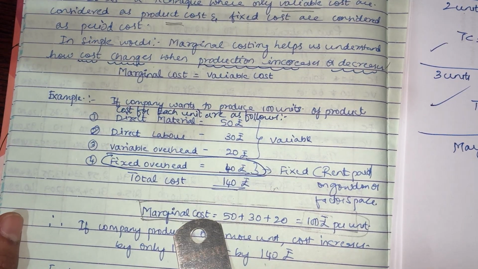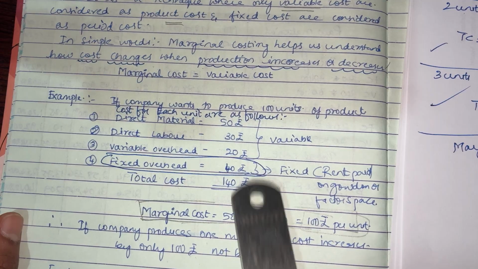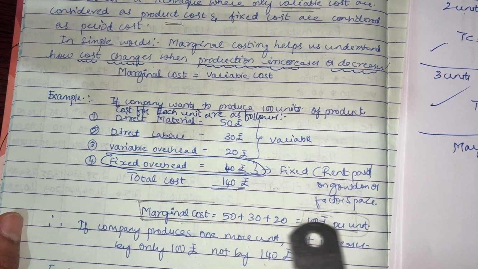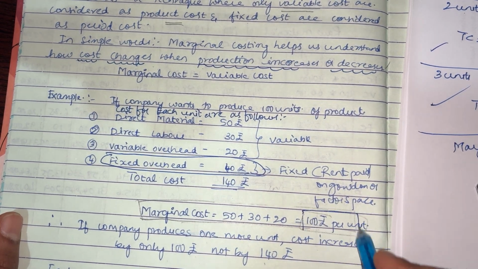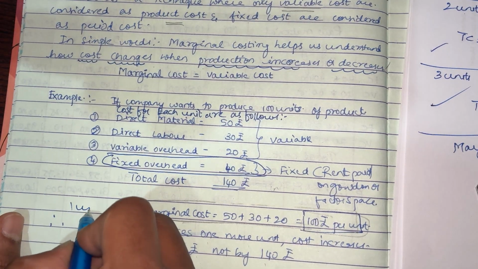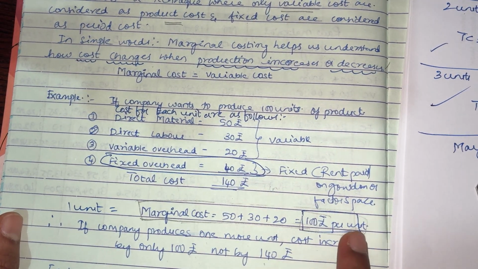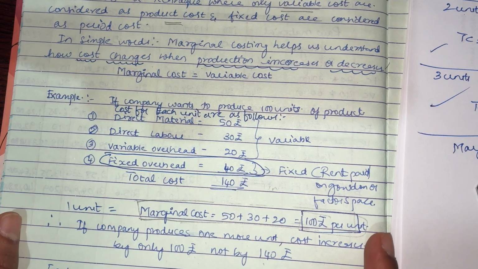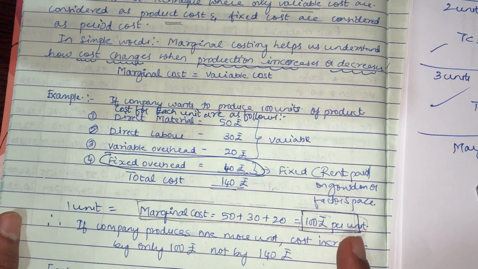So what is the marginal cost now? 50 plus 30 plus 20. These are variable costs, called marginal cost. So 50 plus 30 plus 20 is 100 rupees per unit. What does it mean? To manufacture 1 unit, you need 100 rupees of variable cost. Getting my point? Now if you want to manufacture 2 units, what will be your variable cost? 200 rupees. If you are manufacturing 3 units, 300. 4 units, 400. 5 units, 500.